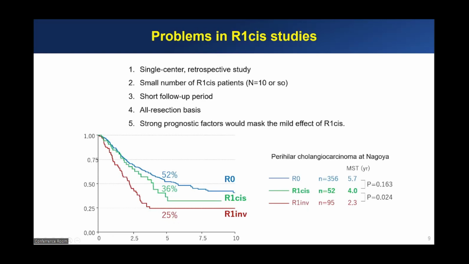Now we have 52 patients with R1 CIS in our university hospital, much greater than previous studies, but we failed to demonstrate a statistical difference between R0 and R1 CIS. So we hypothesize that a strong prognostic factor would mask the mild effect of R1 CIS. R1 CIS has a prognostic impact, but it is very mild.